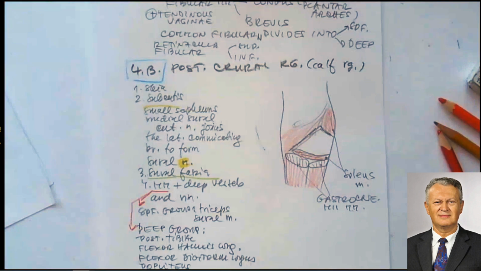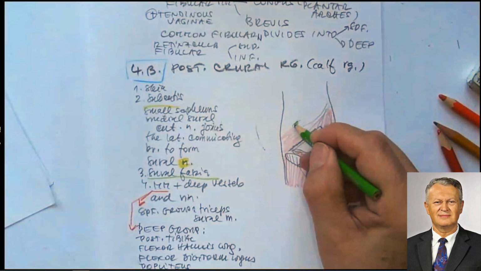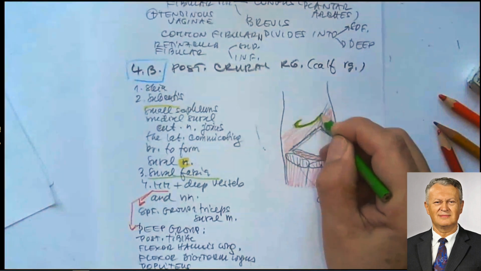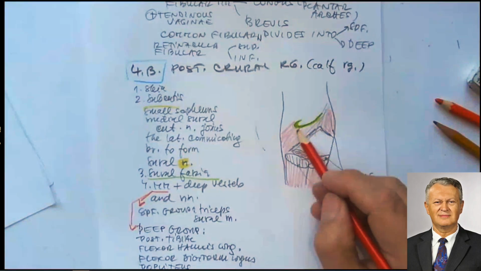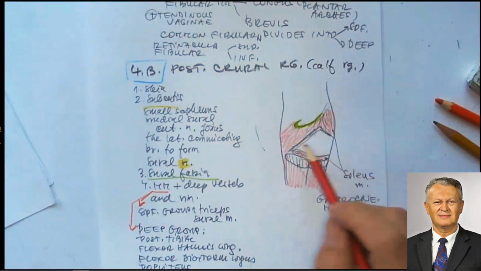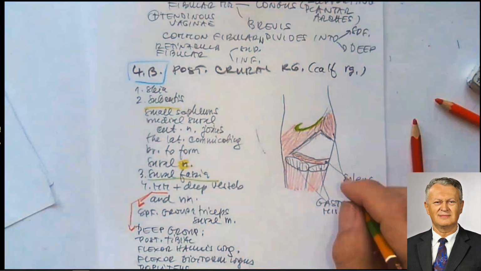And soleus forms proximally the arch, arcus of soleus, arcus musculi solei. We see it, so we call it arch.